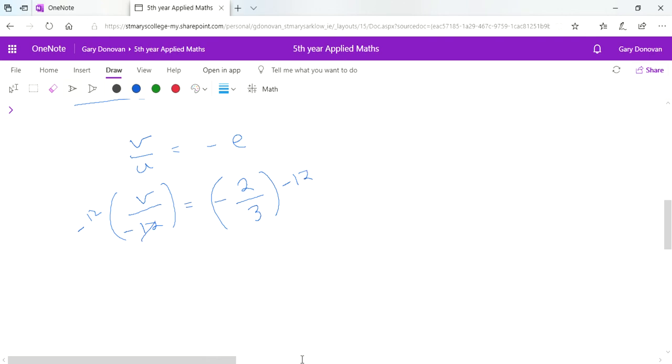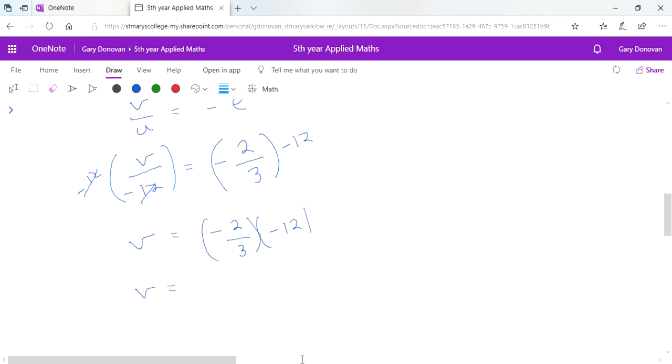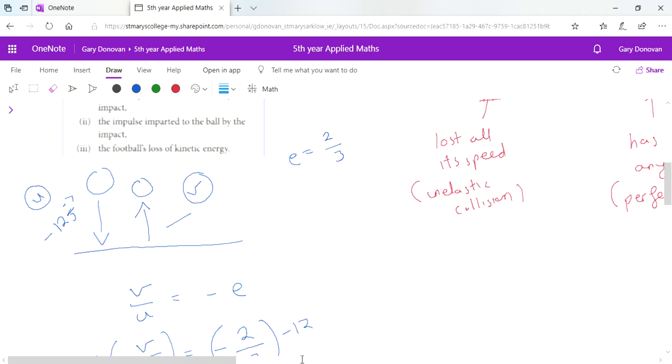They cancel, and we're left with v equals minus 2/3 multiplied by minus 12. A minus and a minus is going to give us a plus. 24, so 8 meters, 8j meters per second, and the j is just the direction there. And you notice that we get a plus answer because now it's moving in the opposite direction. Plus j on the way up, whereas it was minus on the way down.